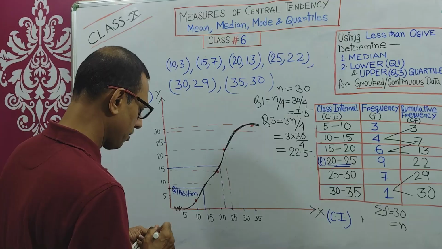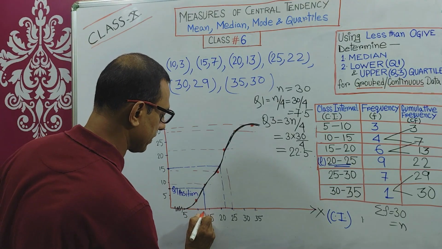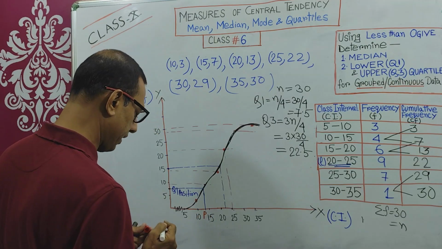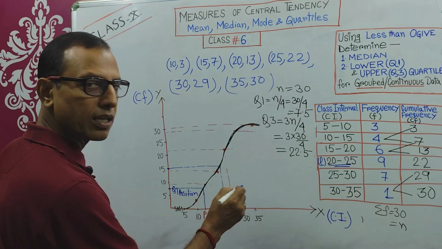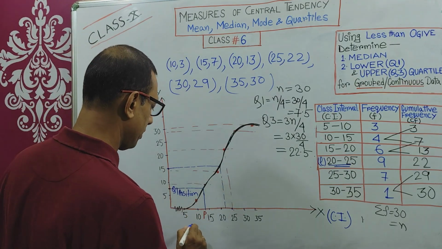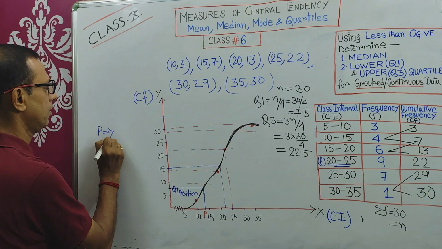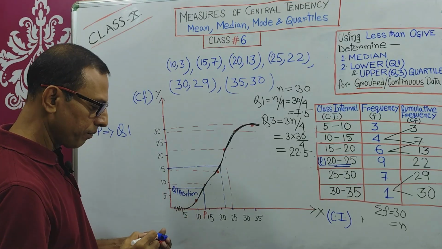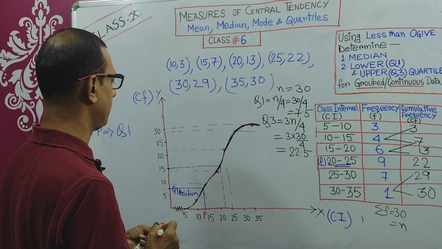Let's say it is intersecting the x-axis at point P. Then this point P represents the Q1, right? Point P represents the value of Q1.